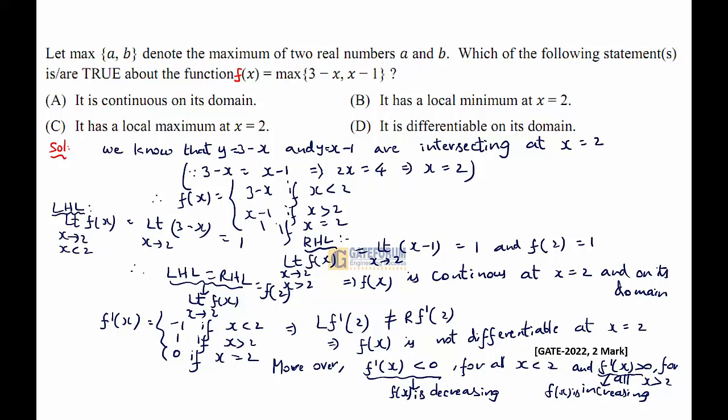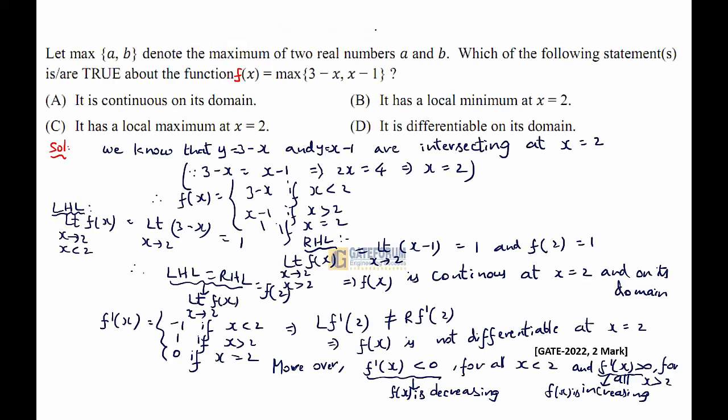At x is equal to 2, the function value is 1. So the function f of x decreases up to the point x equal to 2 and then immediately increases. This is an indication of a local extremum: decreasing to increasing means minimum, increasing to decreasing means maximum.